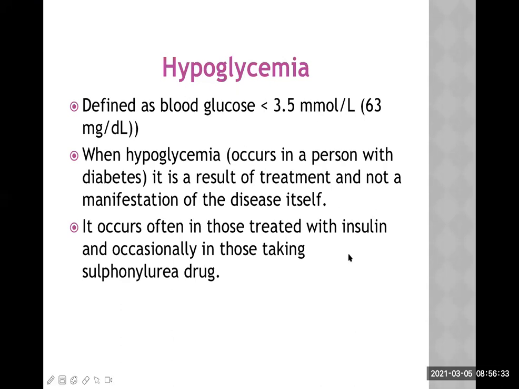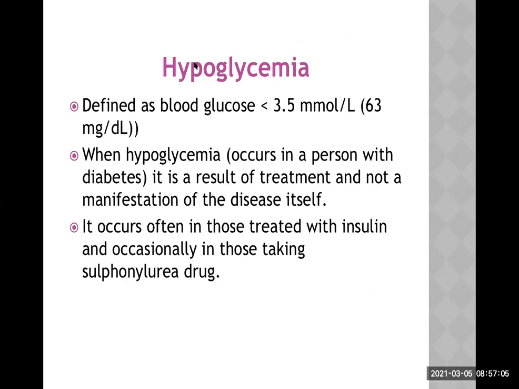Now, the question comes to you, why diabetic people develop hypoglycemia? Isn't it? Diabetes is not a hypoglycemic situation. Diabetic is a hyperglycemic situation. So why hypoglycemia occur in a case of diabetic? This is the point you need to understand from this discussion. See this. When hypoglycemia occurs in a case of diabetes, it is a result of treatment and not a manifestation of the disease itself.